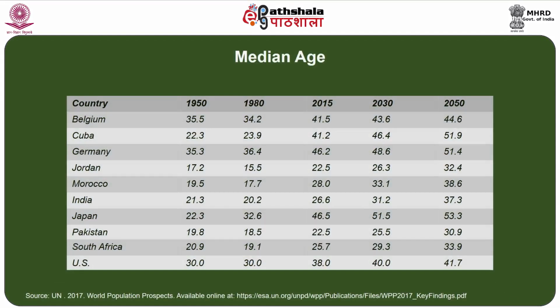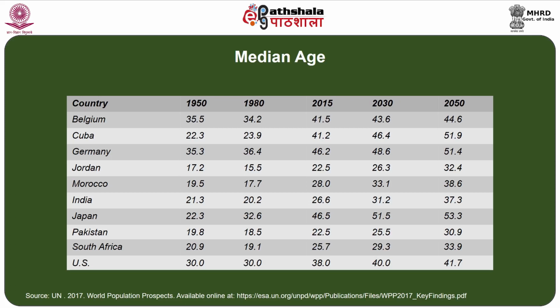A number of factors influence the median age of the population. For example, we see that for Jordan and Pakistan, the median age was 17.2 years and 19.8 years respectively in 1950, which increased to 22.5 years for both in 2015, and the figure projected for 2030 is an increase to 26.3 years and 25.5 years for Jordan and Pakistan respectively.